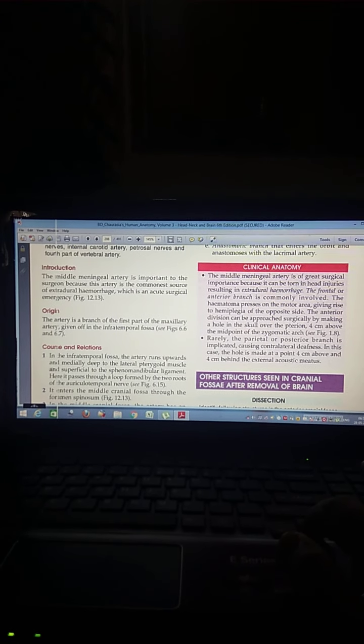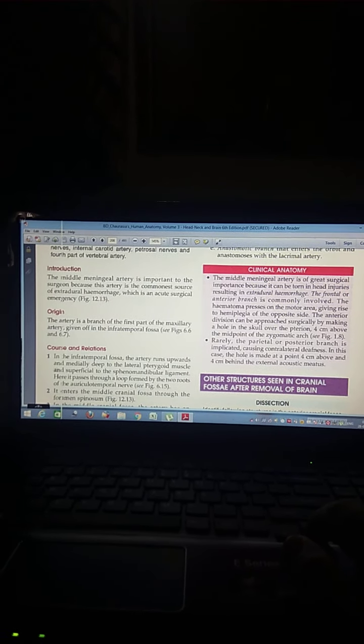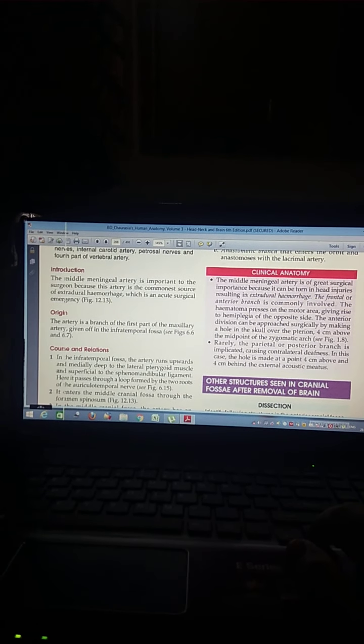The middle meningeal artery is of great surgical importance because it can be torn in head injury, resulting in extradural hemorrhage. The frontal or anterior branch is commonly involved. Rarely the parietal or posterior branch is involved, causing a contralateral deficit.